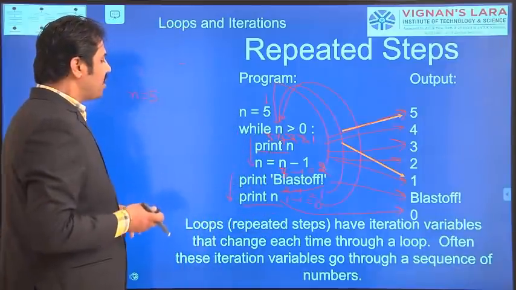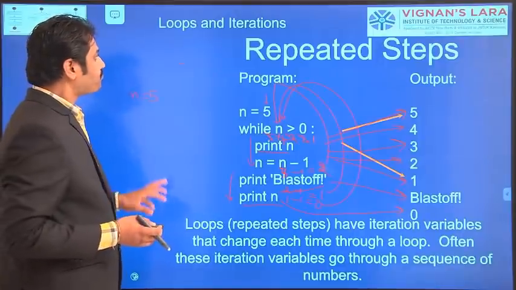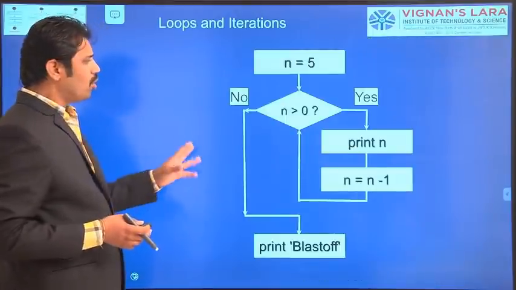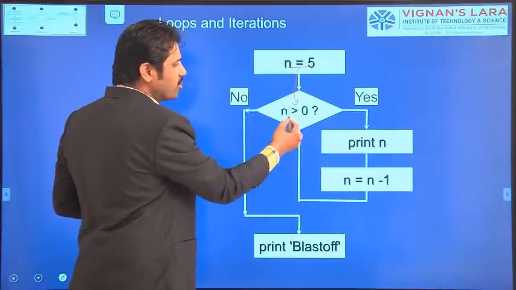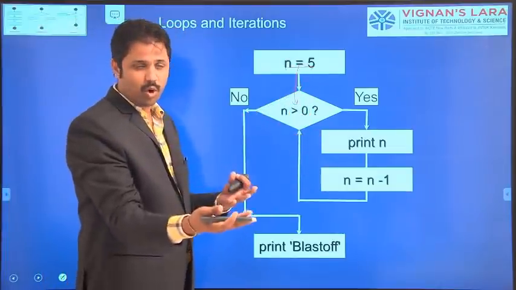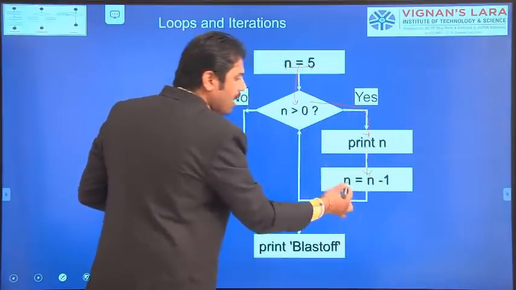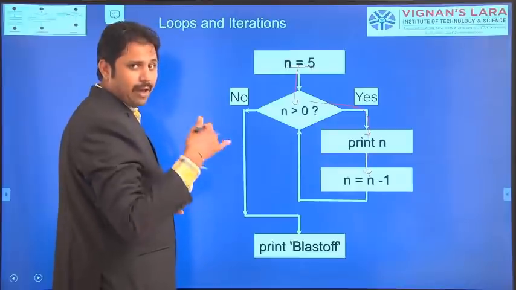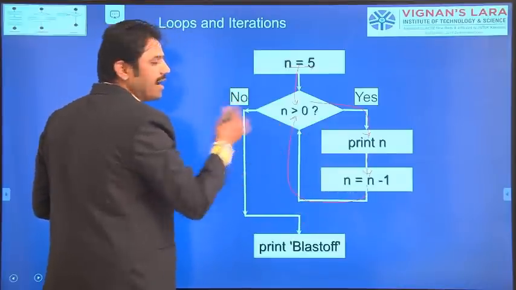So these are the statements we have for the while loop. This is the flowchart. N equals 5. First you have to check n is greater than 0. If yes, go ahead and print, and n equals n minus 1. Performed, and again go to this condition.